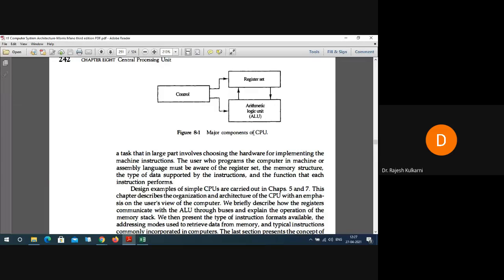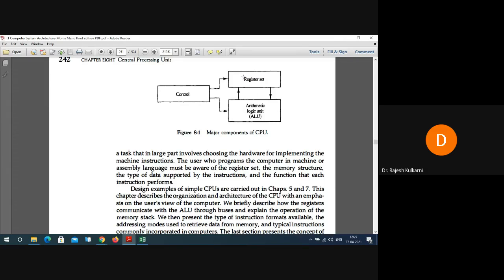So we had discussed CPU consists of these things. CPU consists of arithmetic logic unit. CPU consists of register set. Arithmetic logic unit does arithmetic, mathematical and logical operations, while the register set are high-speed semiconductor cells which can store one word at a time.